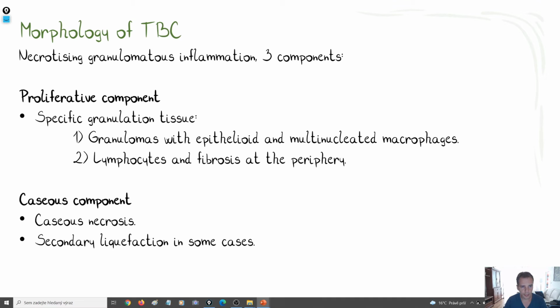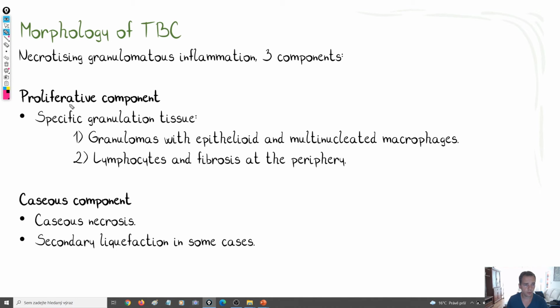And this sort of granulomatous TBC inflammation has three components. First is the proliferative component, which is basically the specific granulation tissue. So those are granulomas with epithelioid macrophages and lymphocytes and some sort of scarring on the periphery.